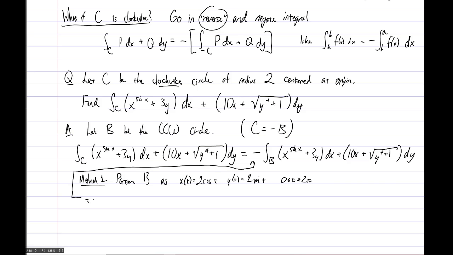it ends up equaling, let me erase that equal sign. Okay, this ends up equaling, let's see, integral, so let's copy the minus sign first. Minus sign, integral, t value 0 to 2 pi. We should take this and replace all the x's and y's we see with 2 cosine t and 2 sine t.